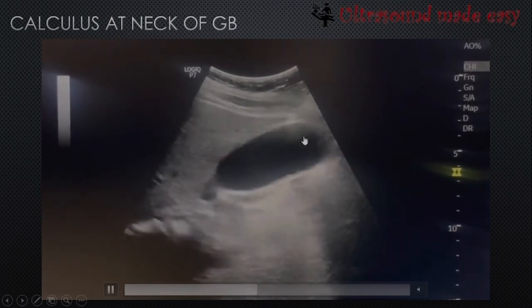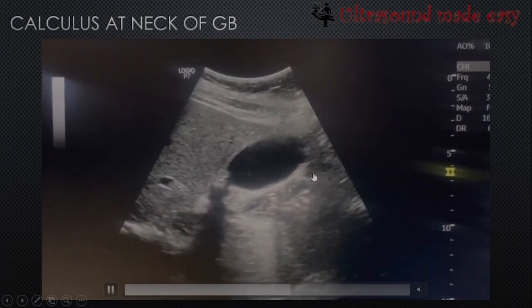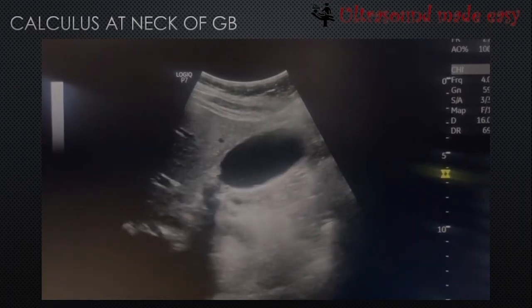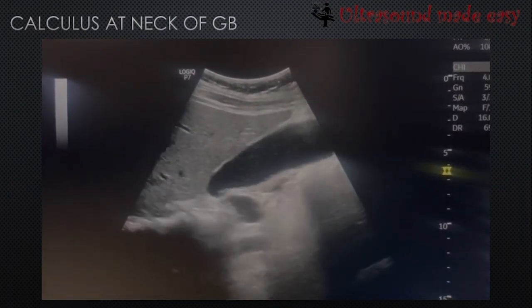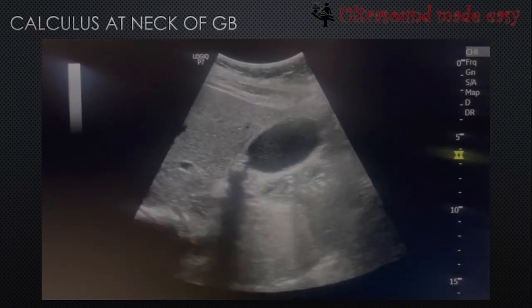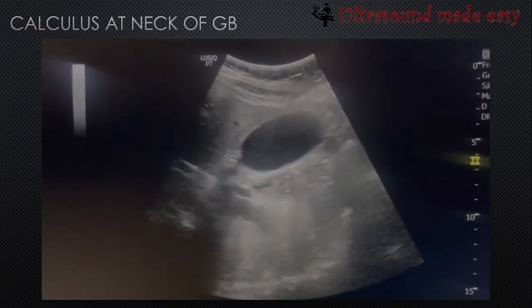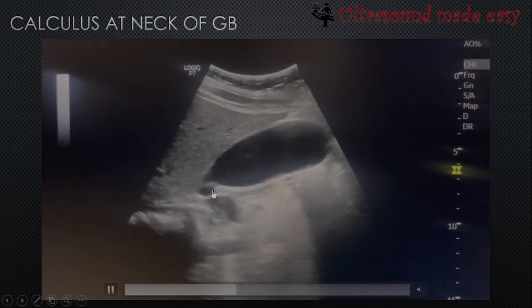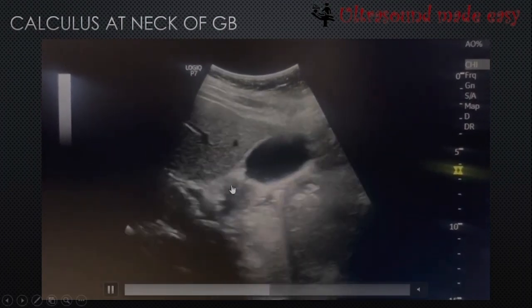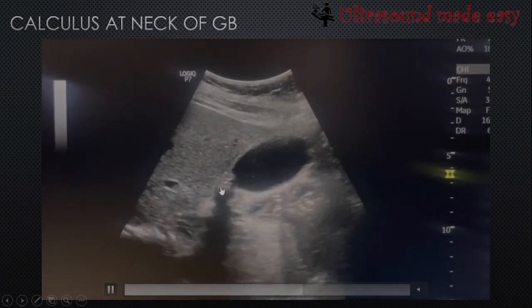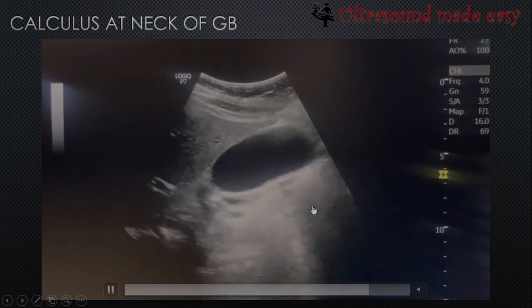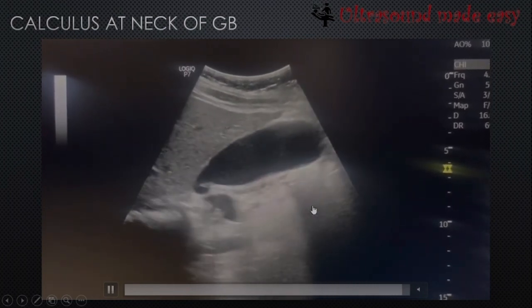The distended gallbladder with positive Murphy sign, or the patient is complaining of pain in the right hypochondrium, and in ultrasound we are seeing the gallbladder is distended. So don't forget to look at the neck of the gallbladder. In this case, there is an impacted calculus at the neck, and that is obstructing the flow of bile from the gallbladder.